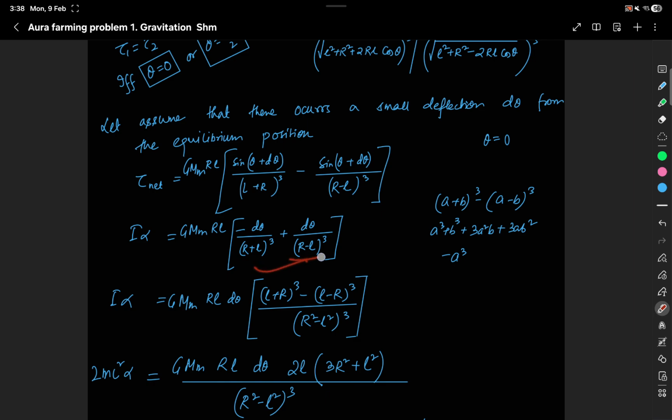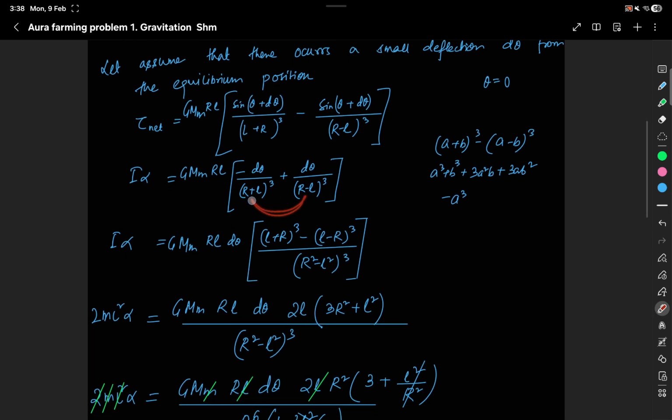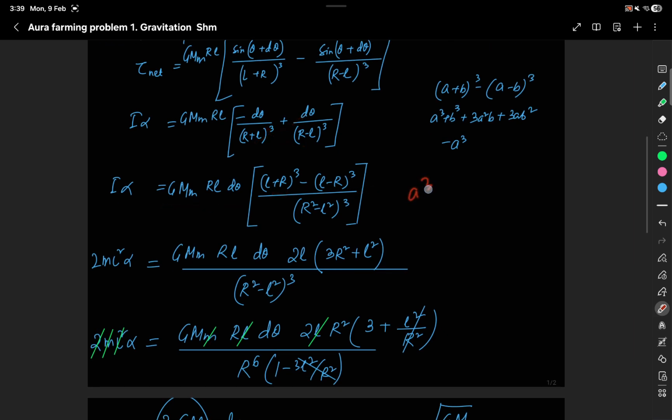So this will be d theta by (r minus L) cube minus d theta by (r plus L) cube. Then GMm by r L d theta, just (L plus r) cube, (L minus r) cube, a cube minus b cube. The formula is a cube minus b cube equals (a minus b) into (a square plus ab plus b square). I have just worked it out with the formula.